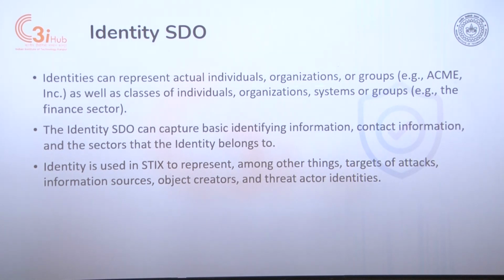So, I may want to add identity information. So, identifying information, contact information, and sectors the identity belongs to, and they are used among other things as target of attacks, information sources, object creators, threat actor identities, and so on.